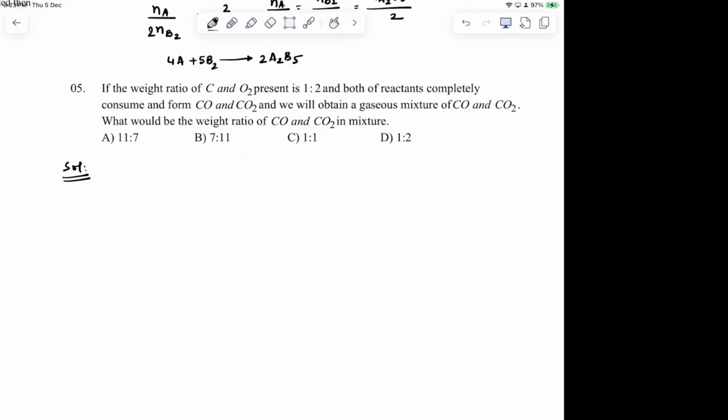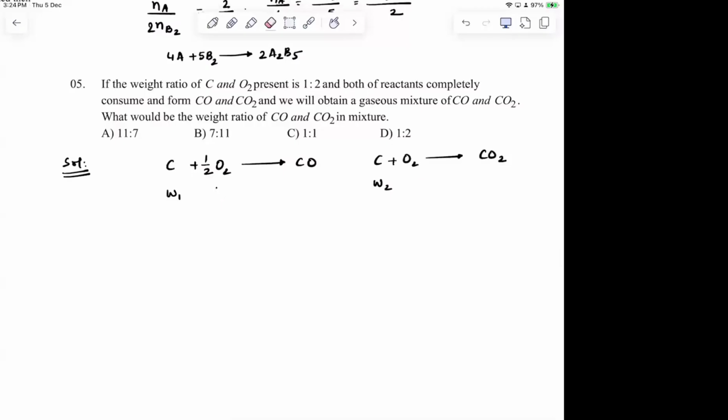Okay, so basically we have C plus O2. One equation is giving CO, the other one is C plus O2, the other equation, giving CO2. So here it should be half. Okay, so here the weight, if at all, it is W1 and W2, correct? Here we have O1 and O2.